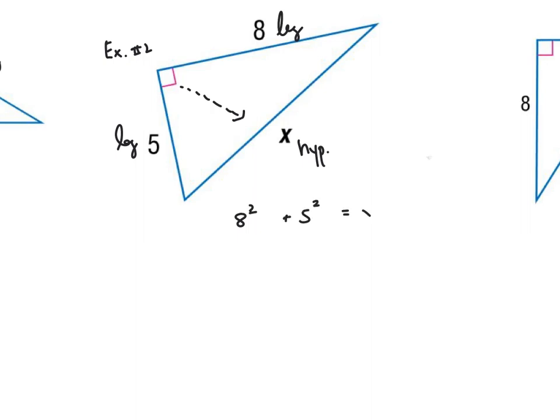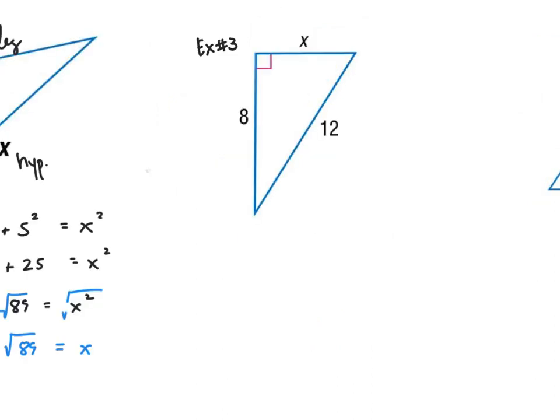That will equal x squared. 8 squared is 64. 5 squared is 25. That equals x squared. So I need to combine these. 64 plus 25 is 89. That equals x squared. Again, if I want to solve something that's being squared, I have to take the square root of both sides. So that gives me that the square root of 89 is equal to x.